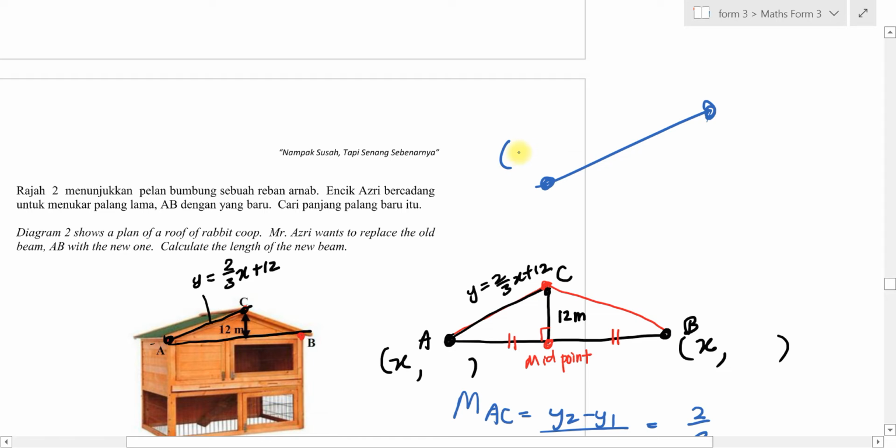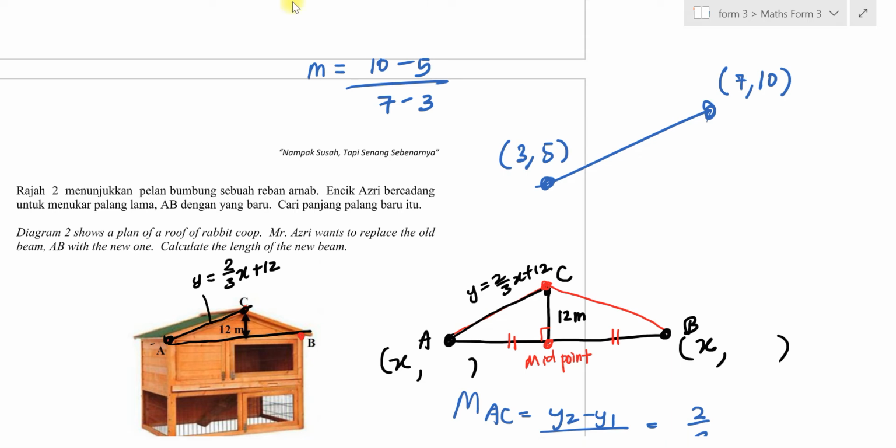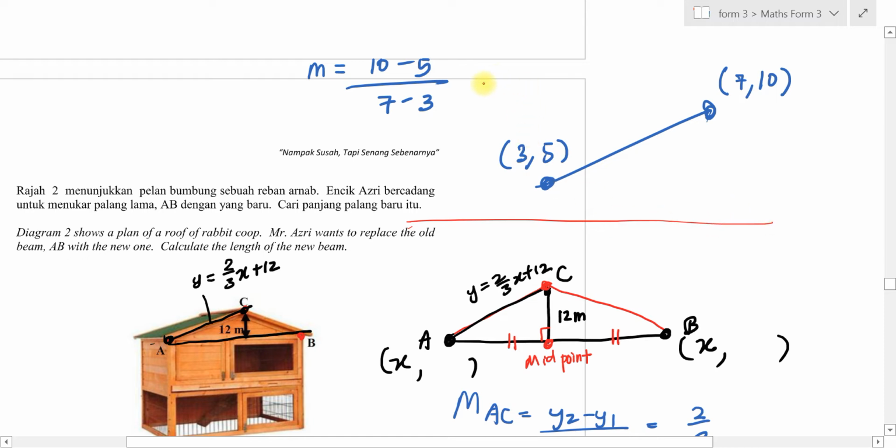Let's say this one is (3, 5), and this one is (7, 10). We want to calculate the gradient, which means 10 minus 5 over 7 minus 3. This is the formula, but we must know what this formula actually means. For example, let's say this is the graph.